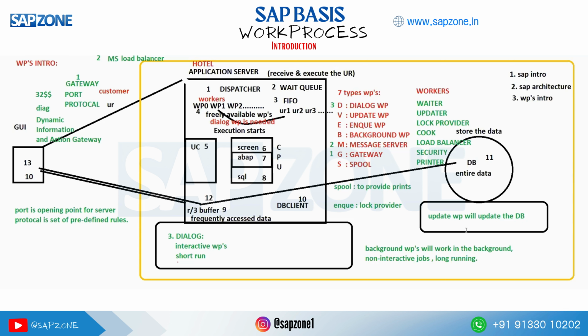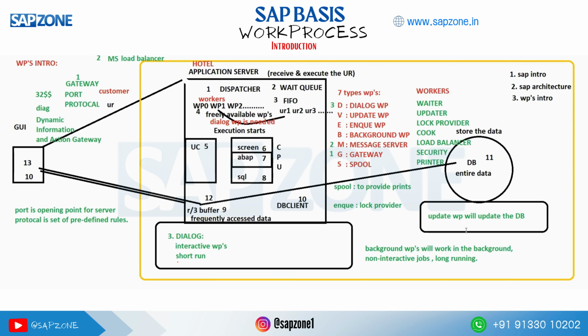For example, if the lock did not happen, what will happen? You and I would both book the same seat and we would fight in the theater. Got my point? The updater will update the records into the database. When the update is running, NQ will provide the lock.